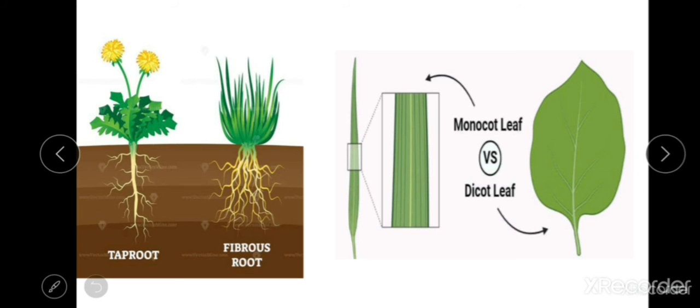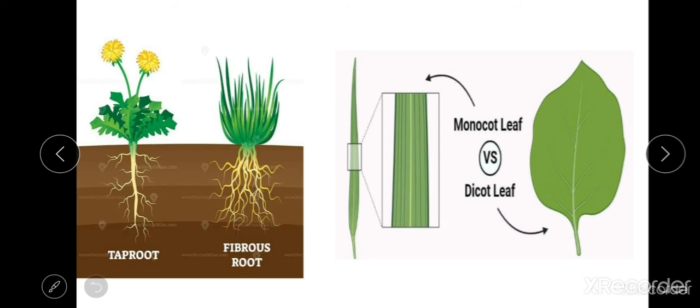Let us see how. This is a monocot leaf, student. Basically, you can take grass when you visit a park or ground. In grass you will see long parallel lines which go up and down.